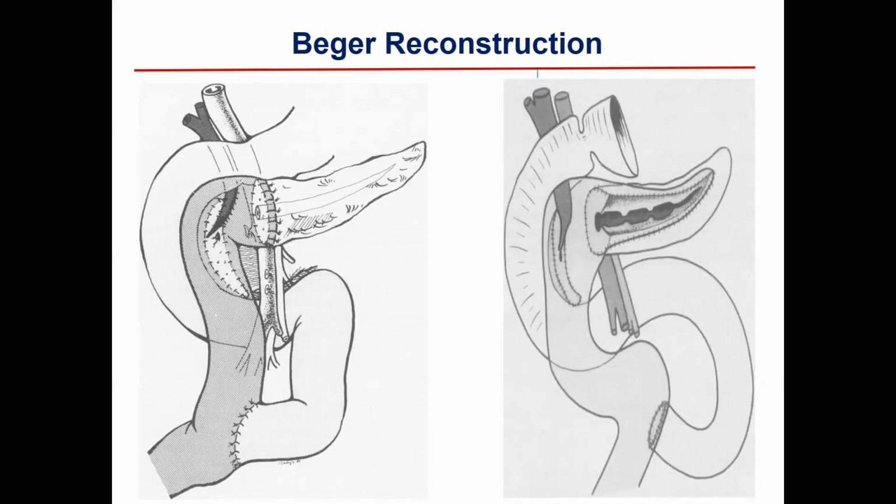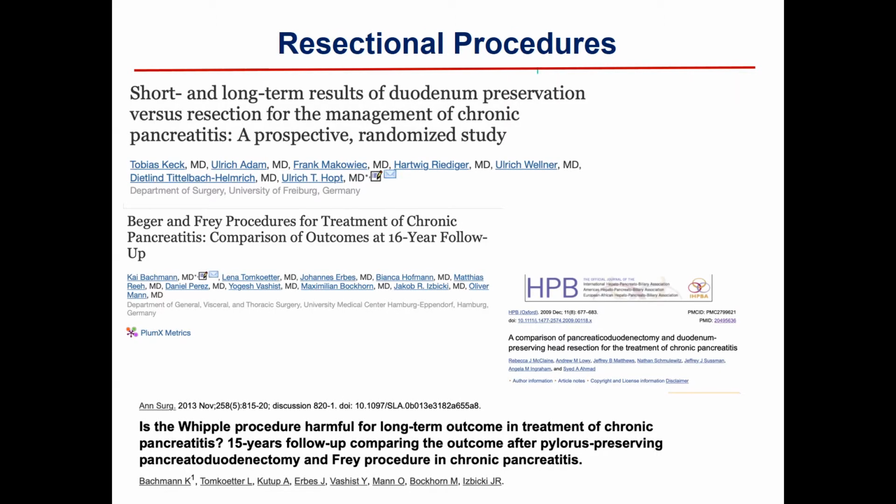So the question really became, which one do you use? And there were at least 4 different prospective randomized trials trying to figure out which one was better, the Berger or the Frey. The bottom line is it depends on the center, and it depends on the principal surgeon's experience. As one could imagine, the people who did the Berger were quite gifted technically, and as a result, they tended to have better results than the Frey.